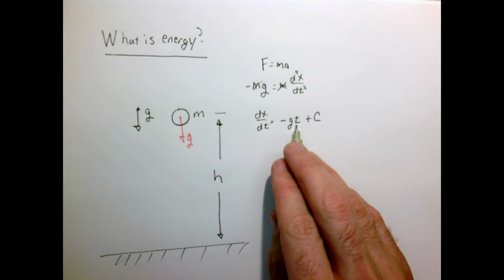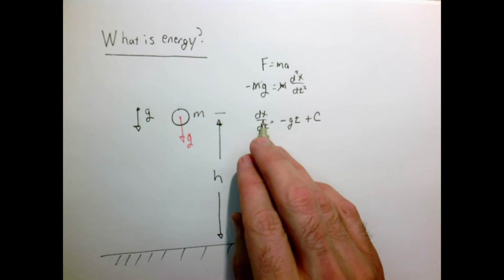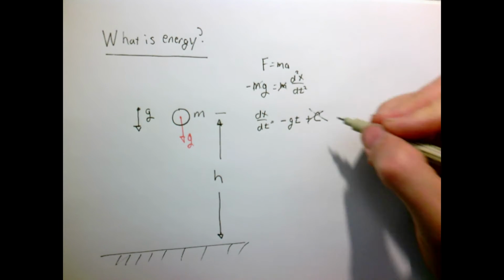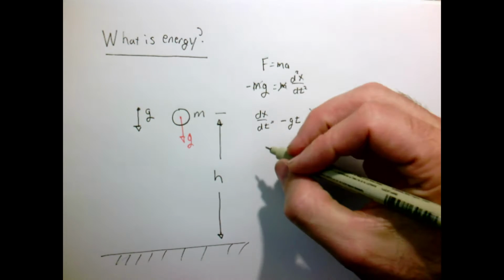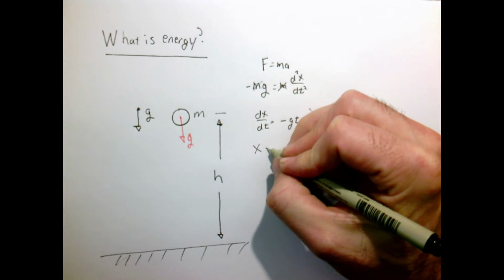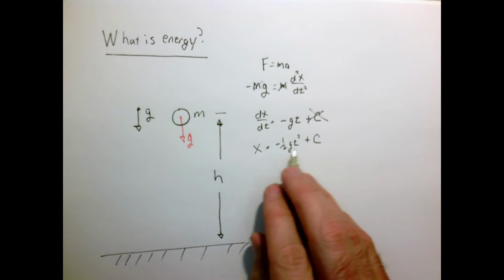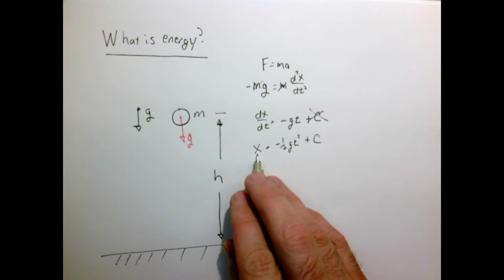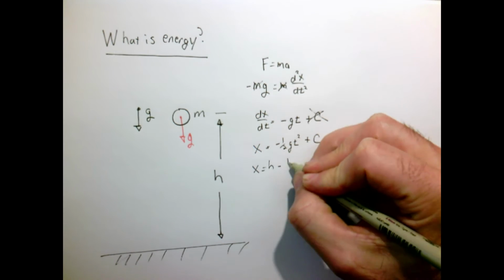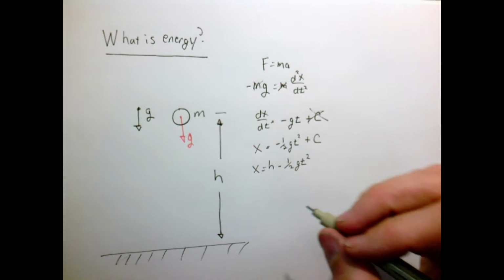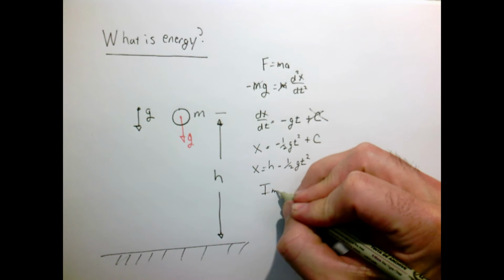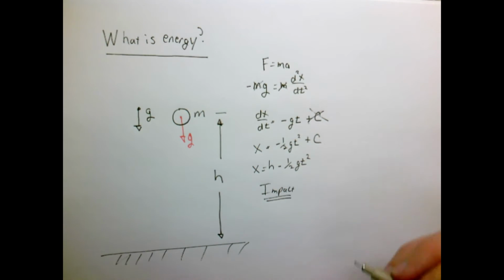And if I release the ball from rest, so that at time equals 0 the velocity is 0, then my constant of integration is 0. I integrate again, pick up another constant of integration, and I get 1/2 gt squared. And at time equals 0, my position will be h. I can rearrange this and say that at impact, when this thing hits the ground, I just solve that equation for when x is equal to 0.